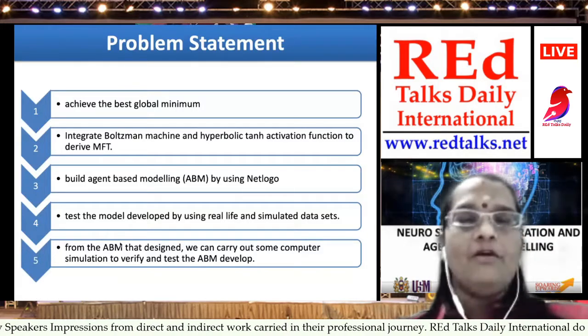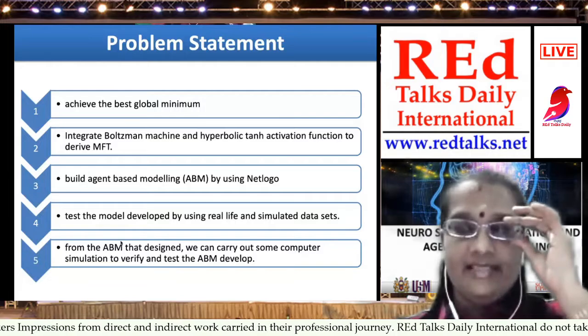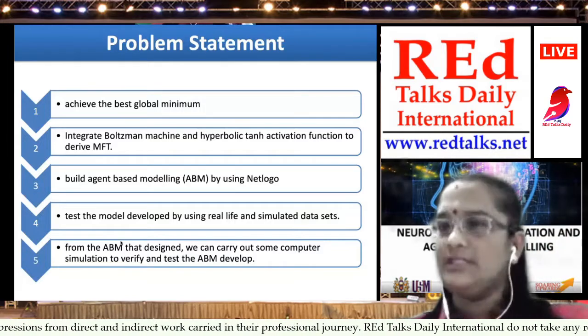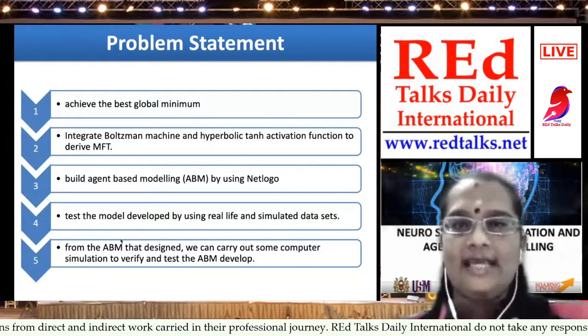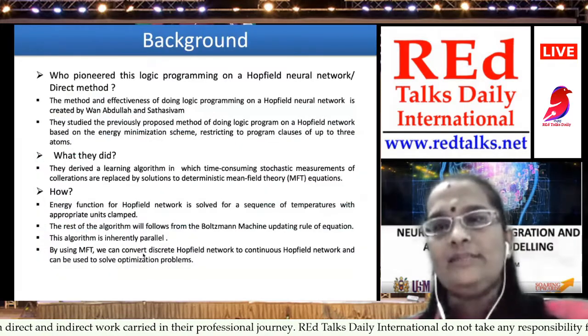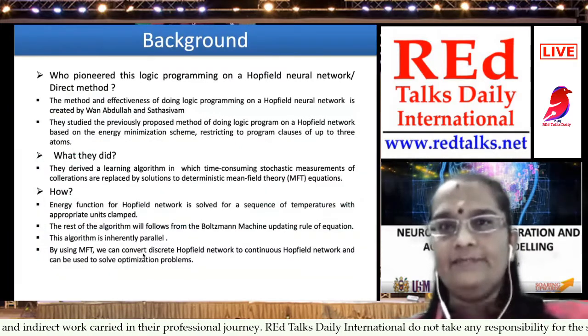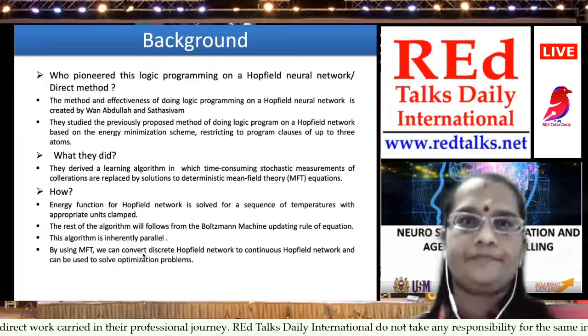And lastly, from the agent-based modeling that we have designed, we can carry out some computer simulation to test and verify whether the agent-based modeling that we have developed is efficient enough or not.